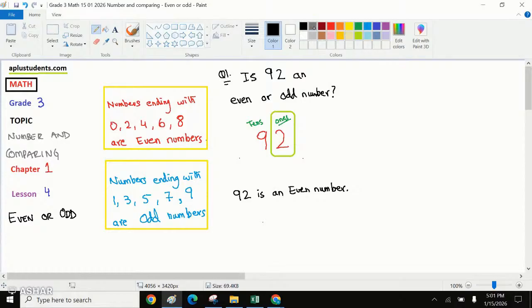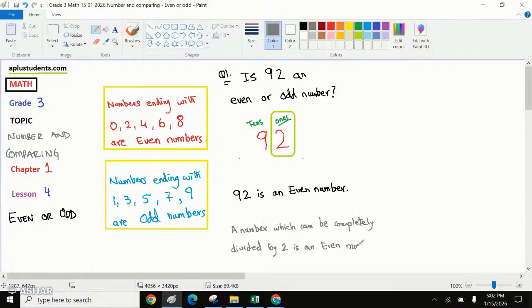There is another statement we can say, for those who know division: a number which can be completely divided by 2 is an even number.